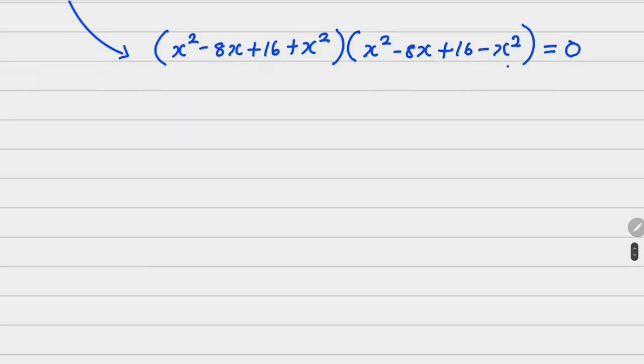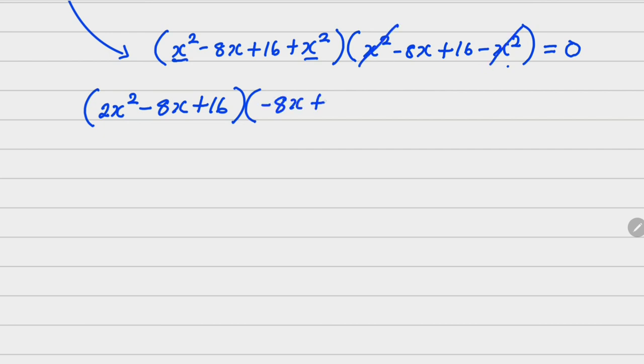Now, working further, x² plus x², I'm going to have 2x², then minus 8x plus 16. The second bracket, this will cancel this, so I'm going to have minus 8x plus 16 is equal to 0.